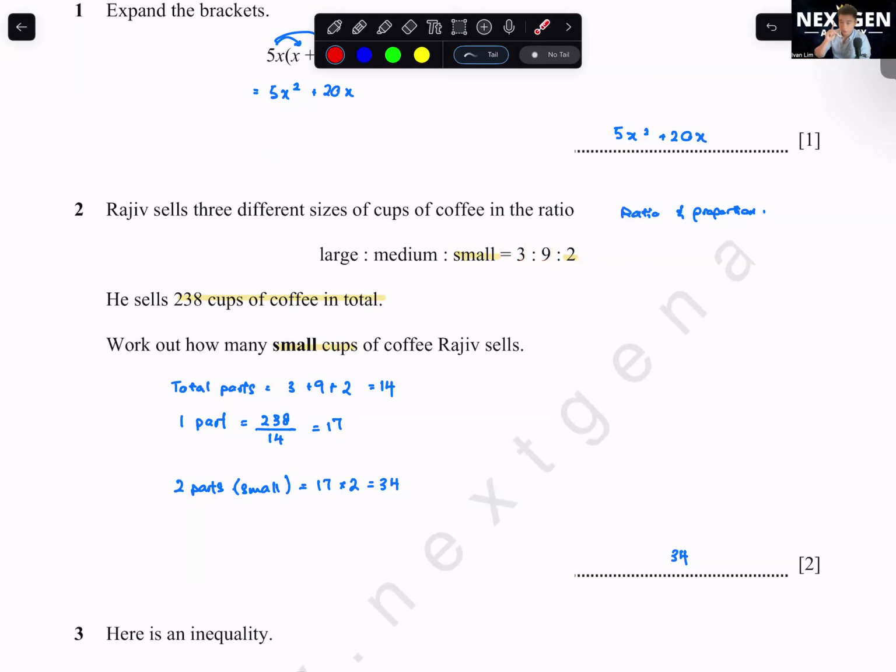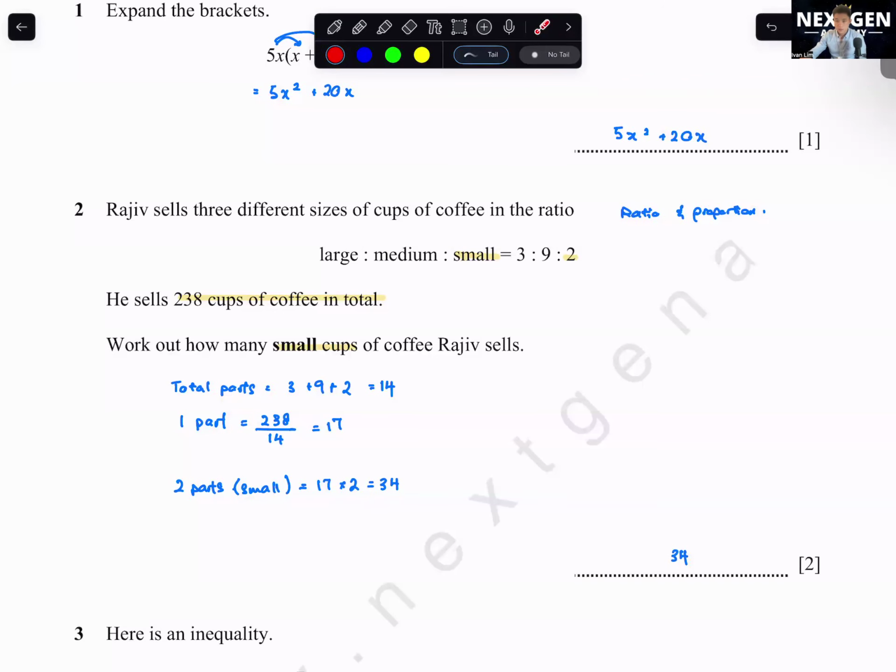You have to find one part by taking this divided by this. Then you find 2 parts. Understand? Everyone type 2 if you all understand this.